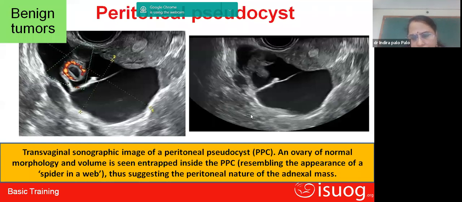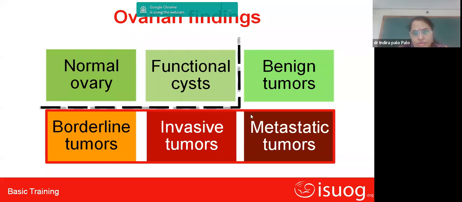So in this case, you have to carefully identify the ovary separately, and if it is separate, then you have to see where the septa goes from where to where. If the septa attaches to the bowel, then it is not an ovarian cyst, it is a peritoneal pseudocyst.